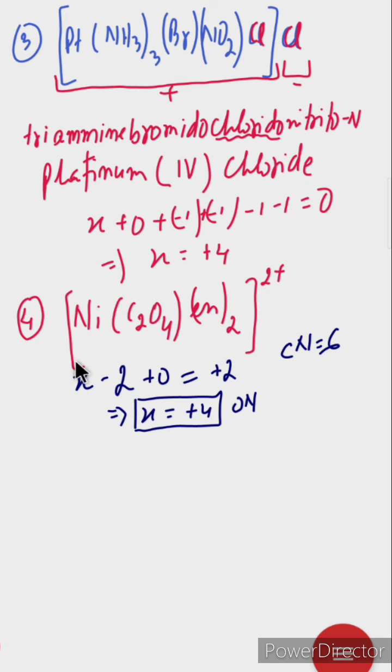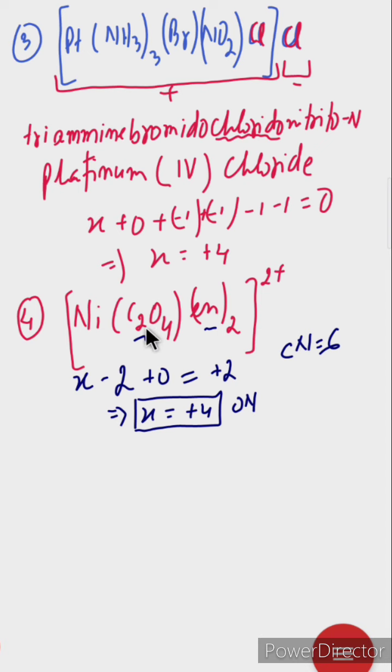Okay, let me write the IUPAC name of this complex ion. This is just a cation, and the cation is complex, so we need to write the ligands in alphabetical order first, then nickel.